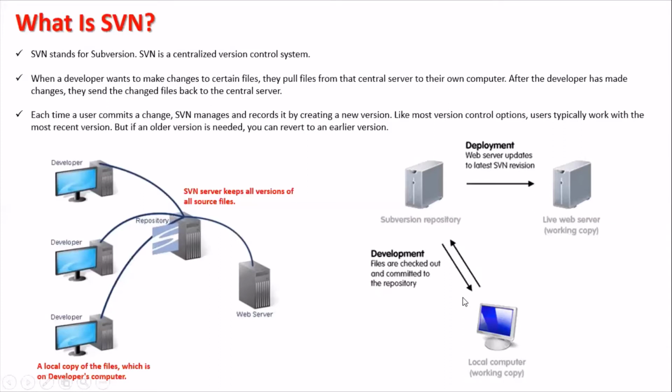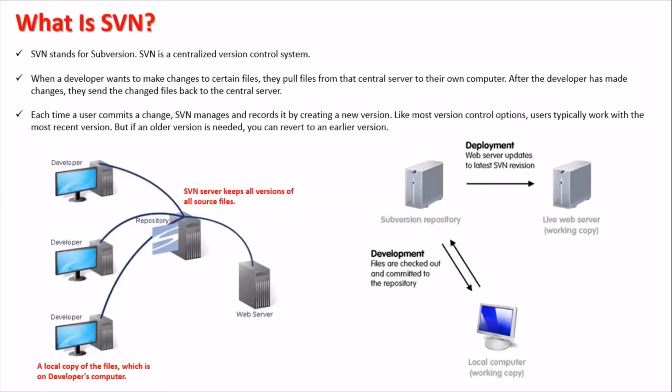Once he executes a commit, the updated files go to the Subversion or SVN repository. This SVN repository keeps all the versions of the project, and the latest version is sent to the web server and deployed. So this is the role of the SVN server.